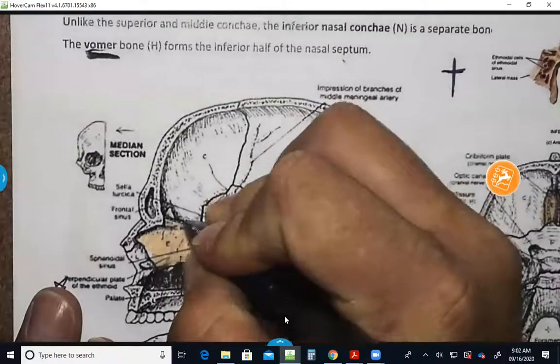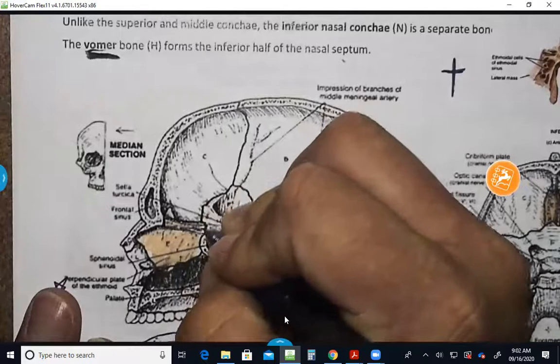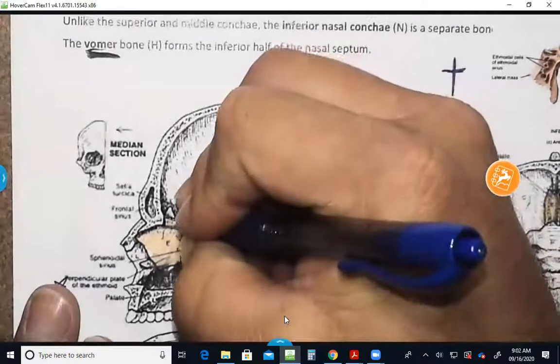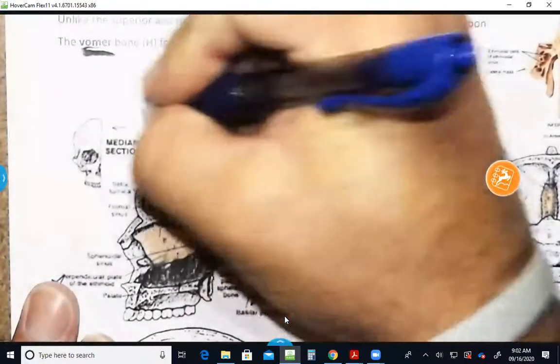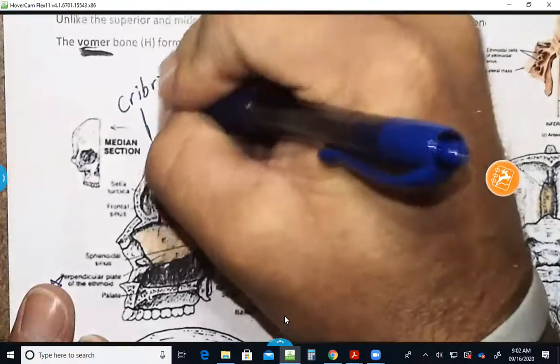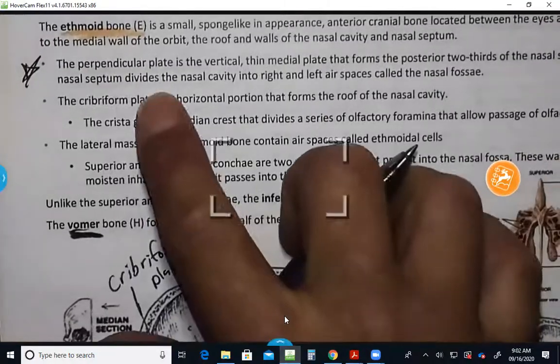The horizontal plate is called the cribriform plate. I'm outlining it with my pen here. If you can't read my handwriting, that's it right there.